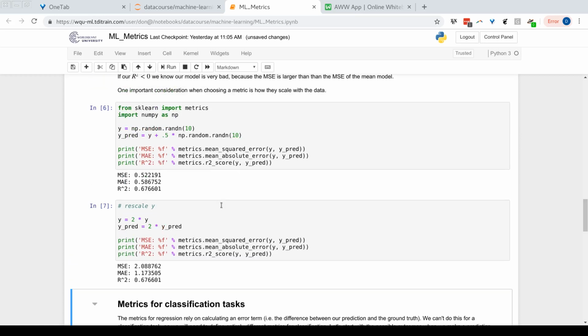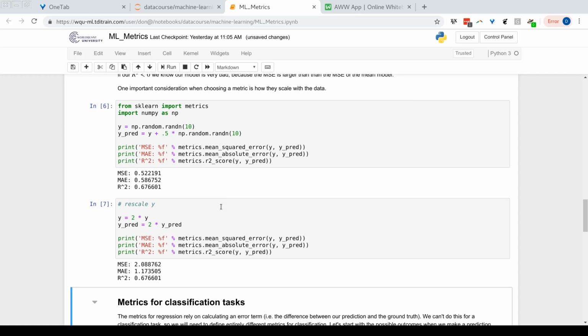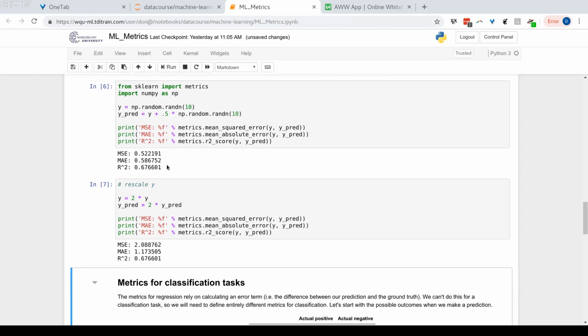Let's say we're building a model to predict housing prices. It doesn't matter if we are in a high market or low market. If we use the R squared value, it's scale invariant. So it becomes easier to compare with other models. What's happening here is that in order for us to properly evaluate the mean squared error, we need to consider the scale of our labels.